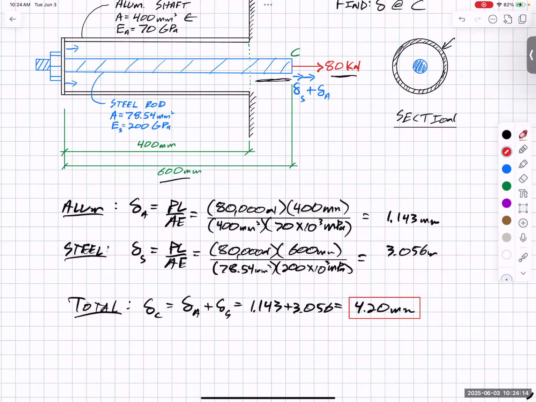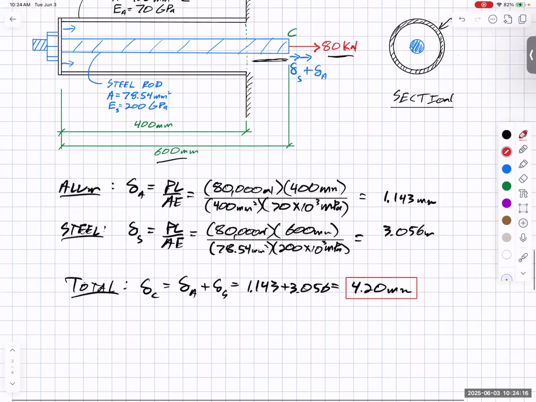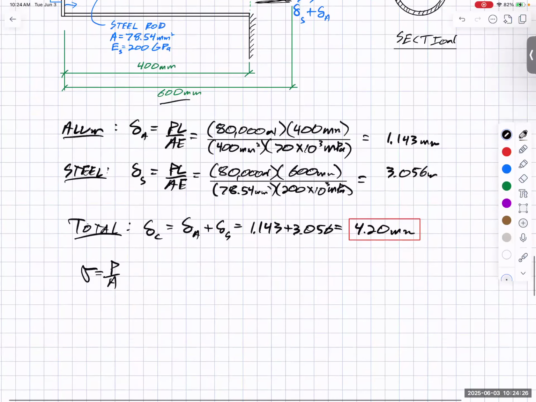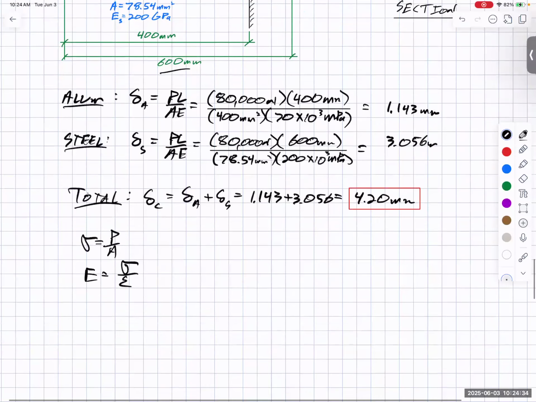So in essence, if before we learned about this PL over AE, what we could have done is we would have said, well, we could find our stress is P over A for each material. From that, we could find our strain because we know a relationship between our stress and our strain from a modulus of elasticity.